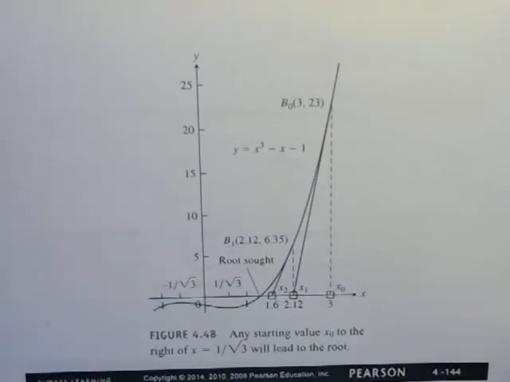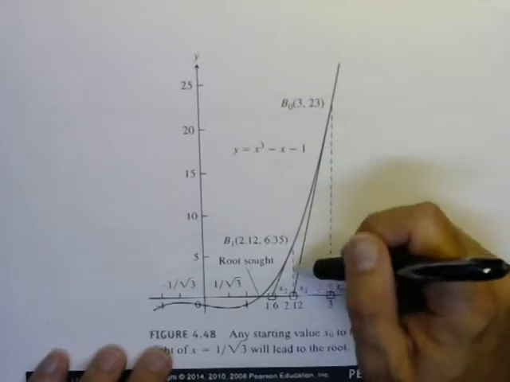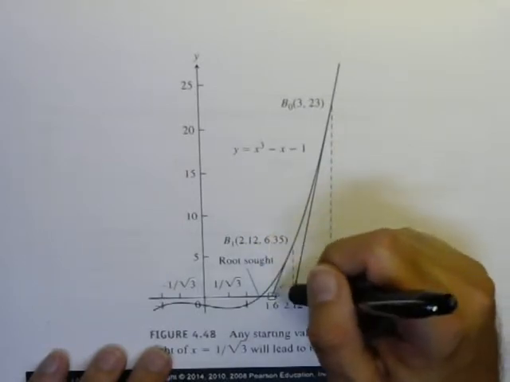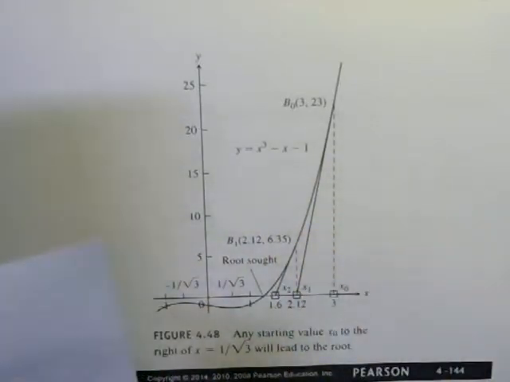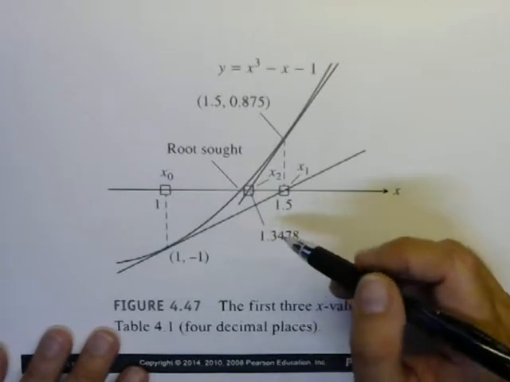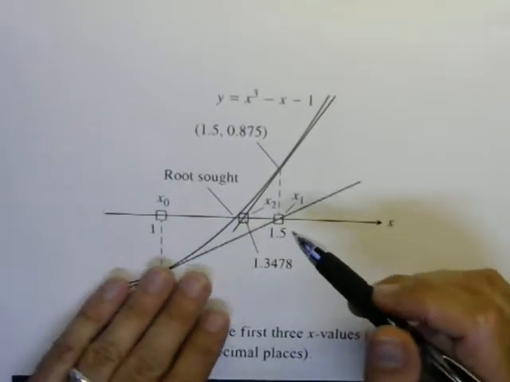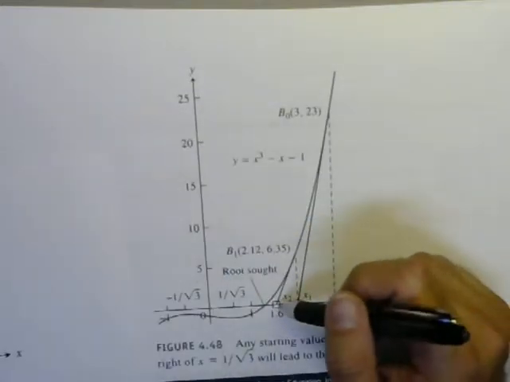Now if you choose a different starting point, like let's say you chose 3, you might get a different value for each one of those terms, but the more you do it, you should get closer and closer to the value of the root there. You can see that these are off a little bit. This is 1.347. Here I've got 1.6.